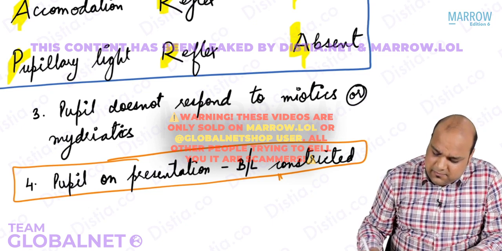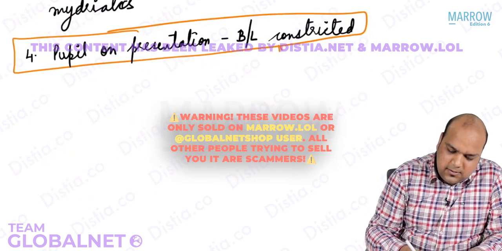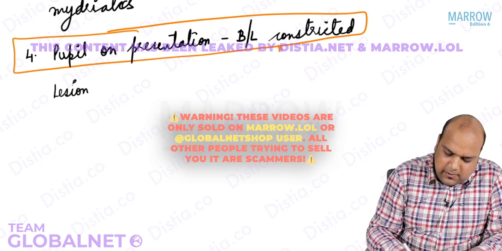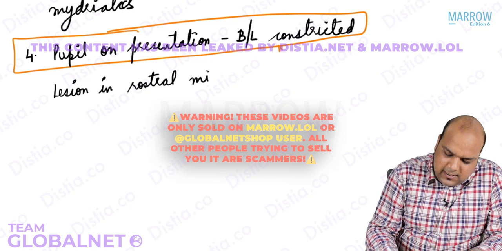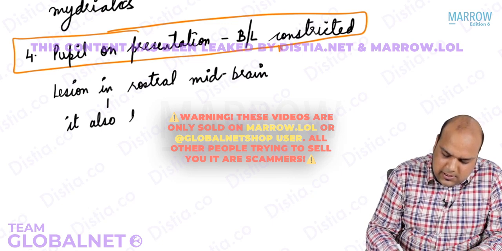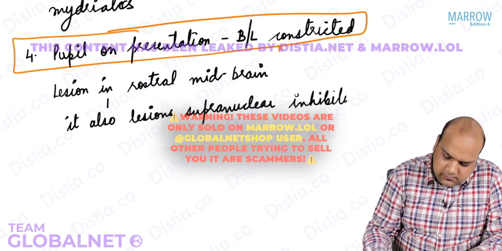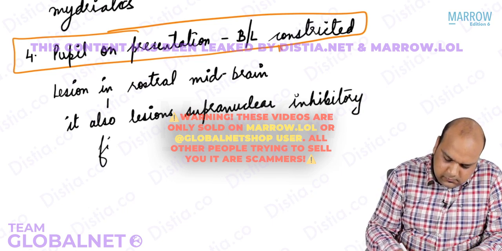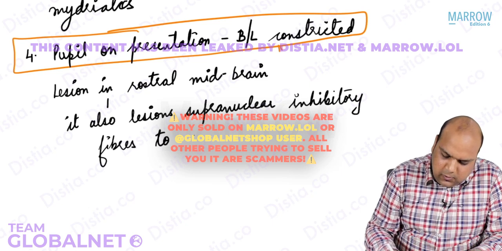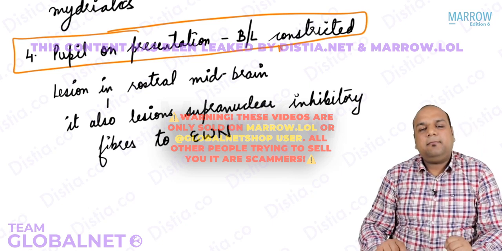Why is this so? This is so because the lesion is in the rostral midbrain. When there is a lesion in the rostral midbrain, it also lesions the supranuclear inhibitory fibers to the Edinger-Westphal nucleus.